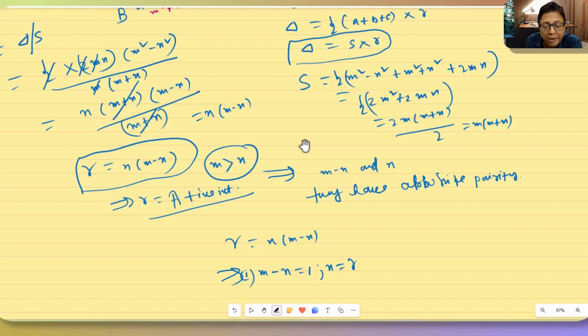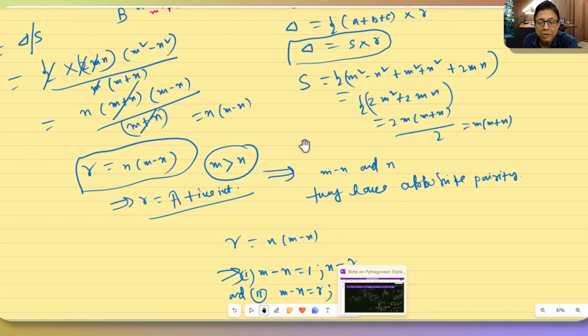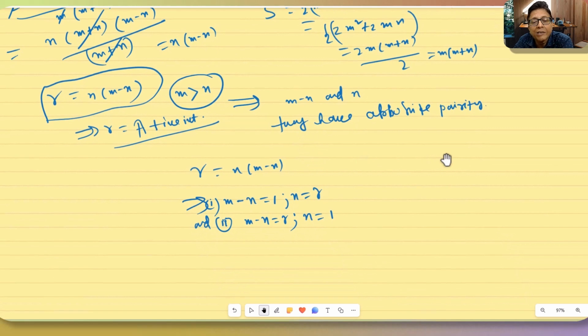Case 2: m minus n equal to r and n equal to 1. So we can state that there will be two triangles under this consideration where the inradius of the triangle is an integer: m minus n equal to 1 and n equal to r, or m minus n equal to r and n equal to 1.